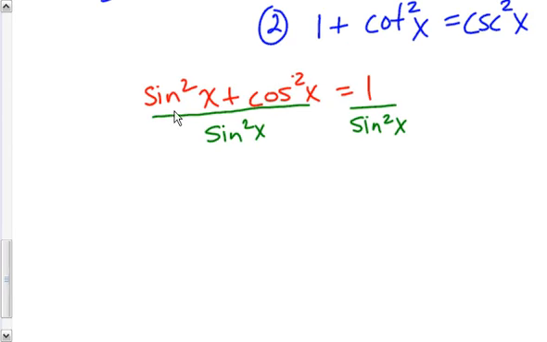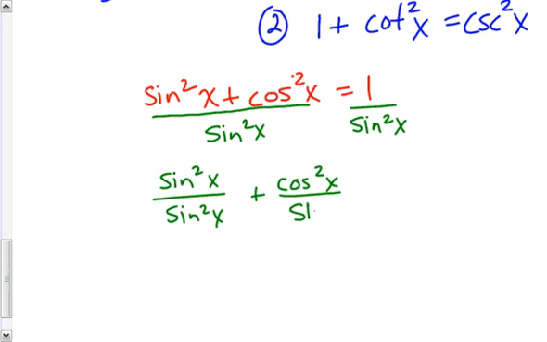On this left side, I'm actually going to break this up into two separate fractions. So this is sine squared of x over sine squared of x plus cosine squared of x over sine squared of x. You just break the two.